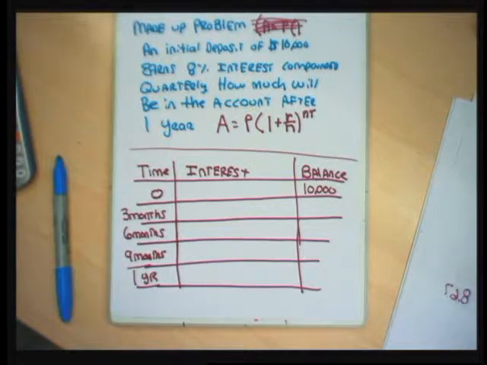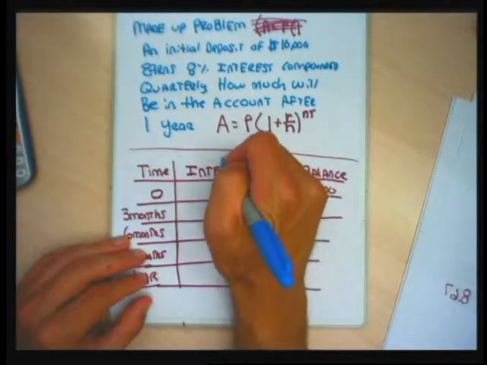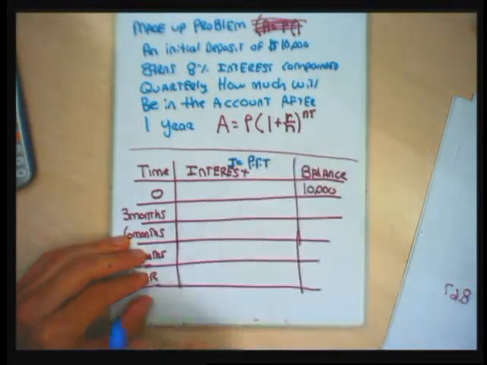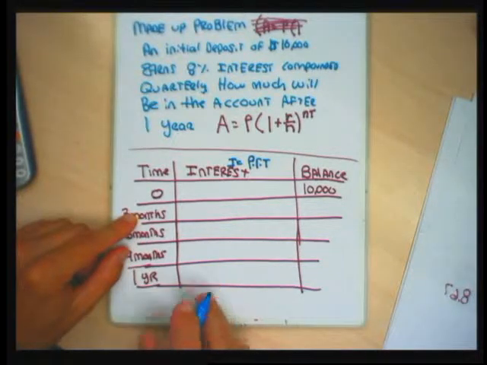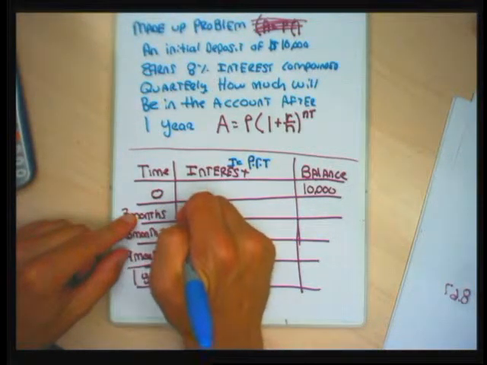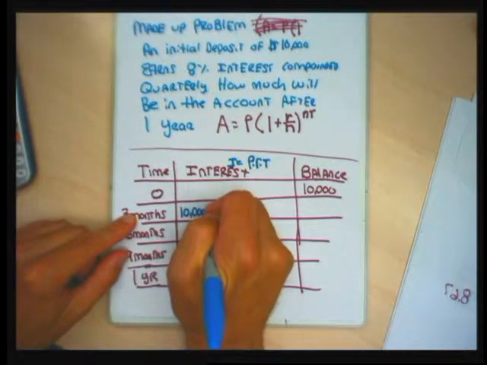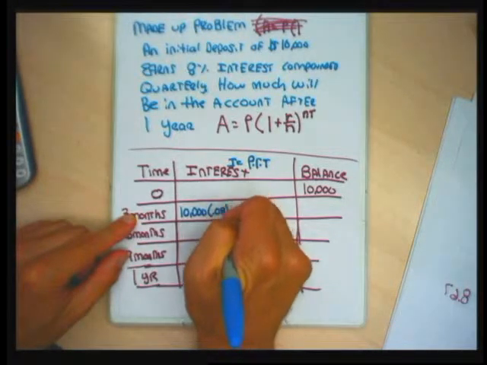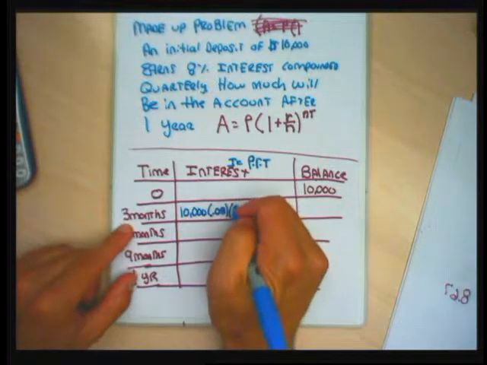How do I find interest? Well, interest is equal to principal times rate times time. So I'm going to use this formula. So for the first 3 months, the amount of interest I'm going to get is the principal, the amount of money in the account, which is $10,000, times the interest rate, which is 8% as a decimal, 0.08, times the time, and I'm going to make this 3/12 or a quarter of the year.